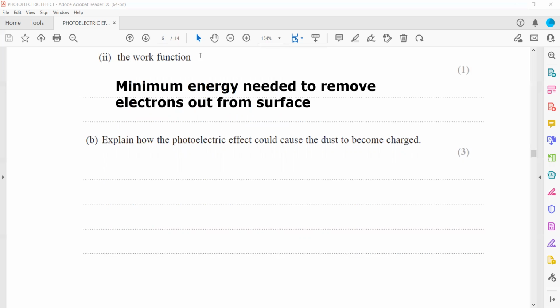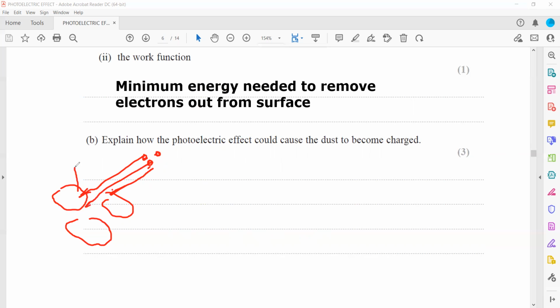Then explain how the photoelectric effect could cause the dust to become charged. For example, this is a dust particle; how can this dust particle be charged by the photoelectric effect? Basically, the light, in the form of particles or photons, falls on the metal surface or the dust surface.